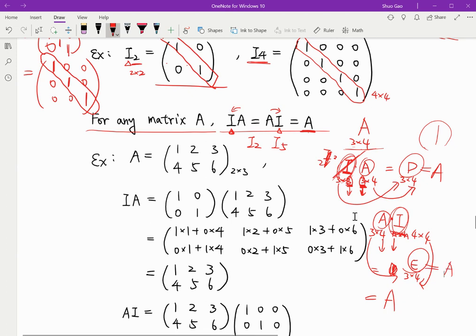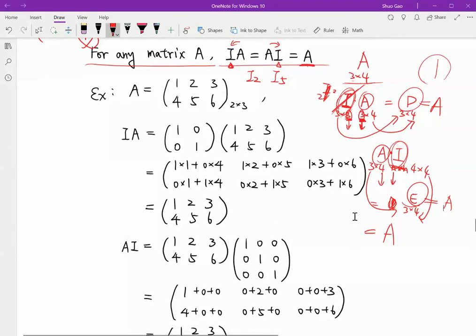So let's see an example here. This is our matrix A. It's a 2 by 3 matrix. When we calculate I times A, because A is 2 by 3, this I has to be a 2 by 2 matrix, right? To make the two numbers the same and conformable. So I should be a 2 by 2 matrix like this: 1, 0, 0, and 1. So let's calculate the multiplication of these two matrices.